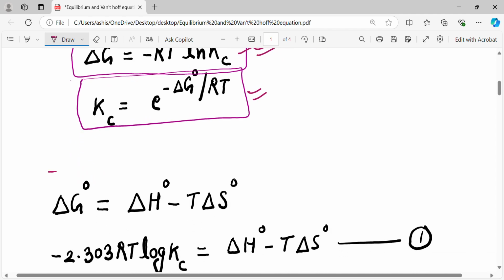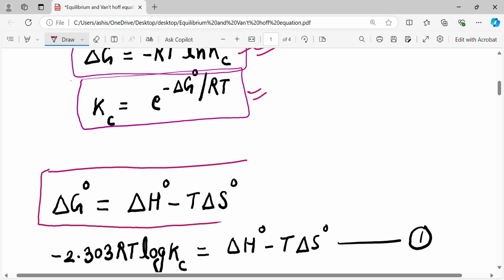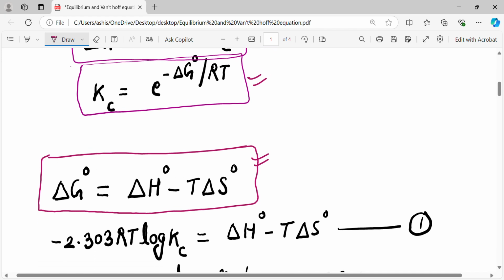There is another equation which we have learned in the thermodynamics chapter, that is delta G naught is equal to delta H naught minus T delta S naught. Here delta G naught is the standard Gibbs free energy change, delta H naught is the standard enthalpy change, delta S naught is the standard entropy change and T is the temperature.